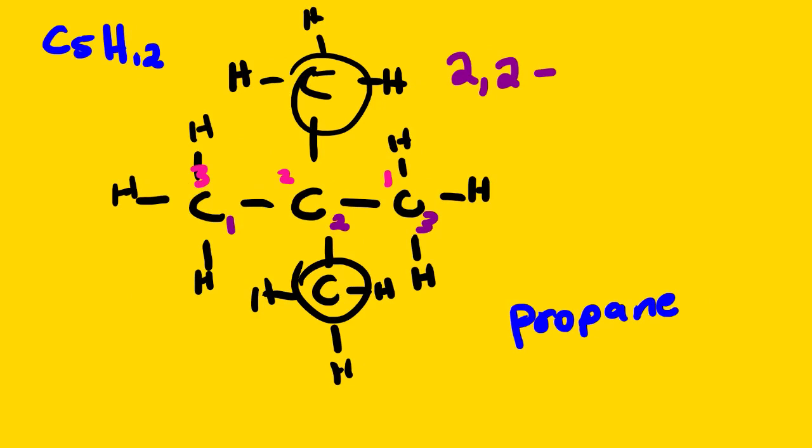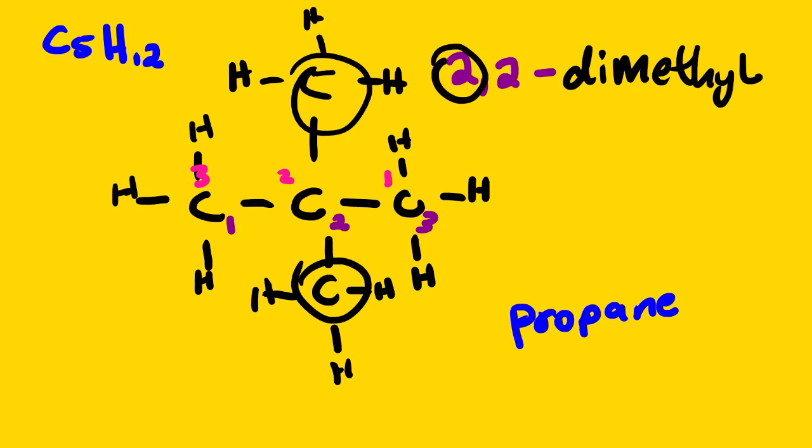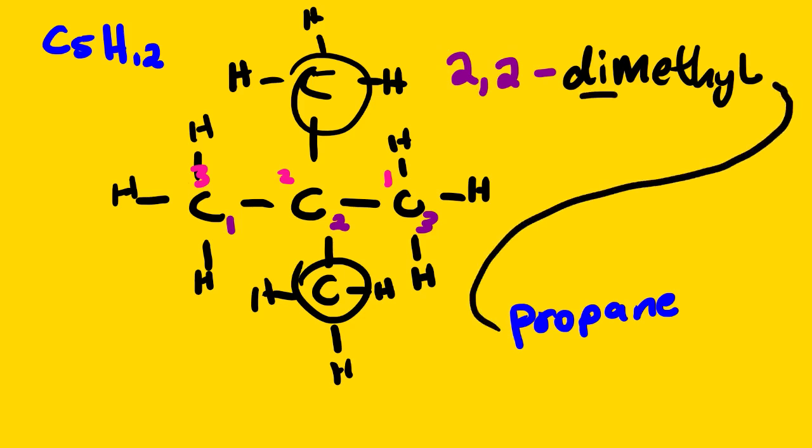So this will be 2,2-dimethyl. So the first methyl group, we find it on the second carbon, and also the second methyl group, we find it on the second carbon, and then we have two of them. That is why we say dimethyl. Then we simply join this here. It will be 2,2-dimethylpropane.